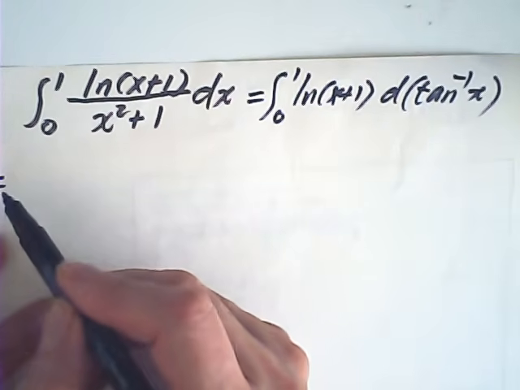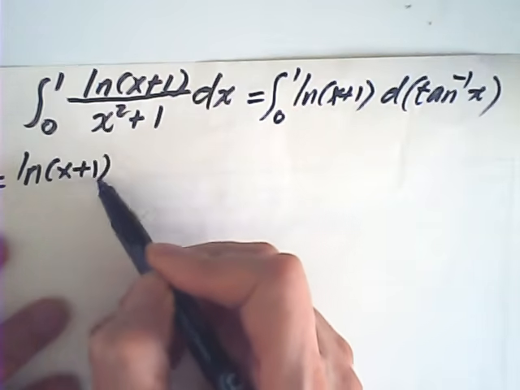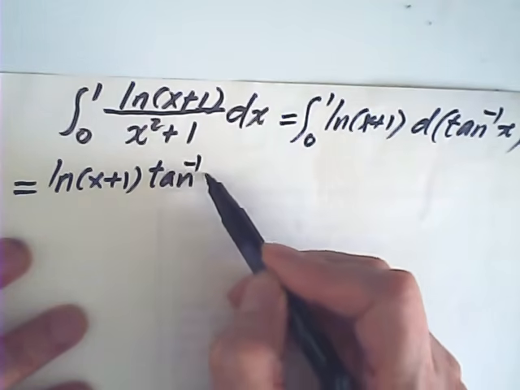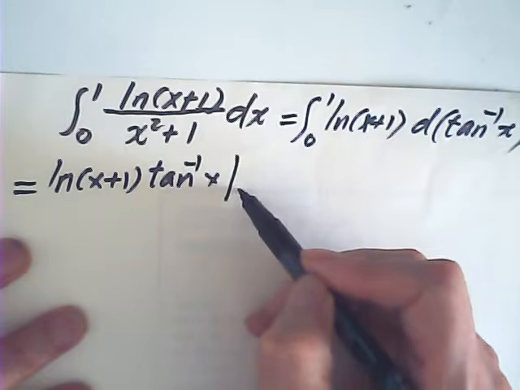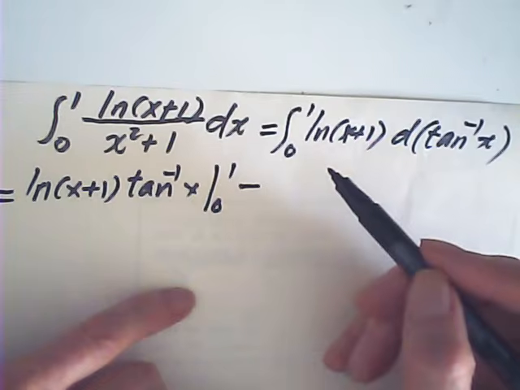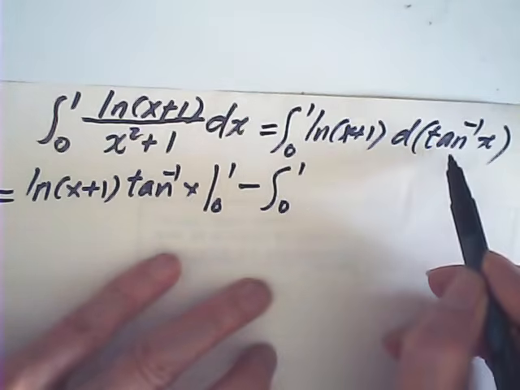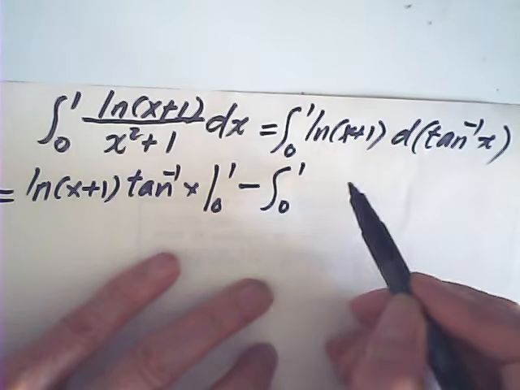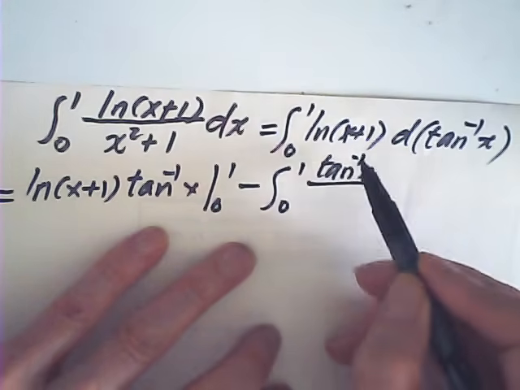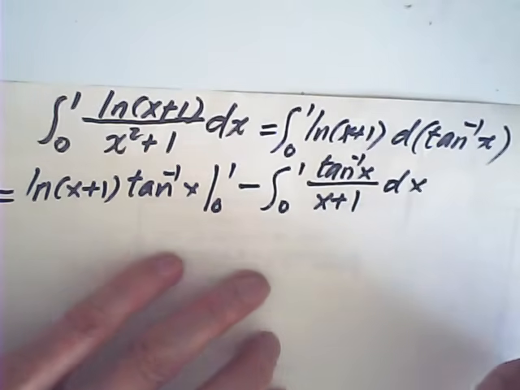This one is equal to natural log x plus 1 times arctangent, let me slow down a little bit, from 0 to 1, that's uv, minus integral of v du. v is arctangent, du is 1 over x plus 1 dx.